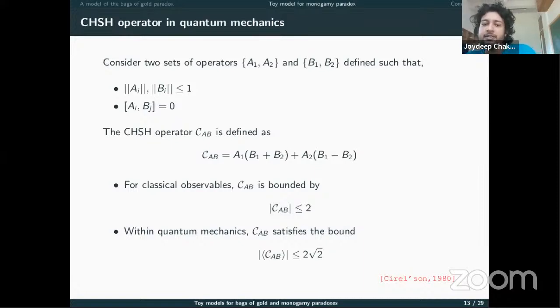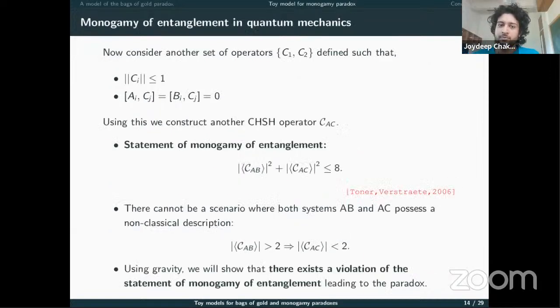And the CHSH operator is this combination of these operators A's and B's, where for classical observables, the C_AB is bounded by 2, whereas in quantum mechanics, C_AB can violate this 2, but it has an upper bound of 2 root 2. Similarly, one can construct another set of operators, C1 and C2, which satisfy the operator norm being less than 1, as well as commuting with the other operators, A_i's and B_i's.